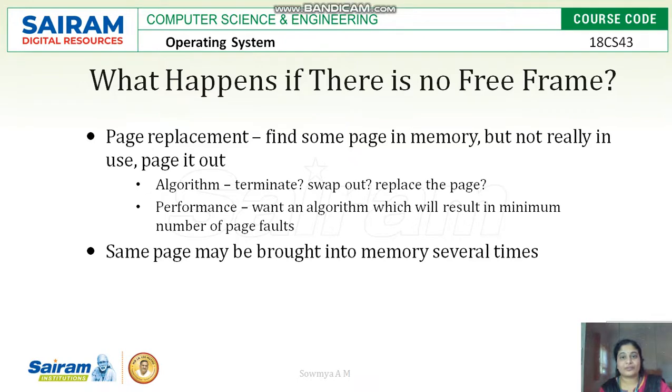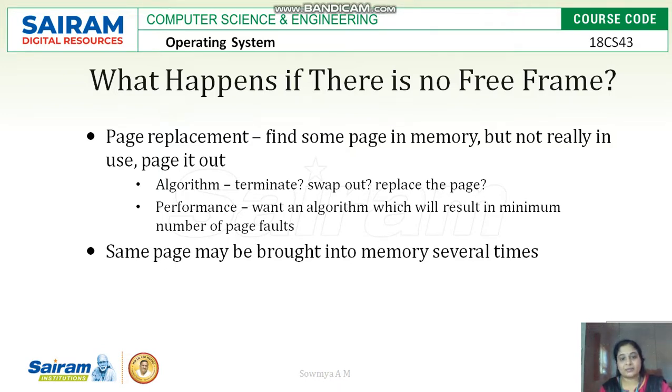What happens if there are no free frames? Then the page replacement concept comes in, where a page in main memory that is no longer used is found. That page will be replaced with the page which is to be copied.